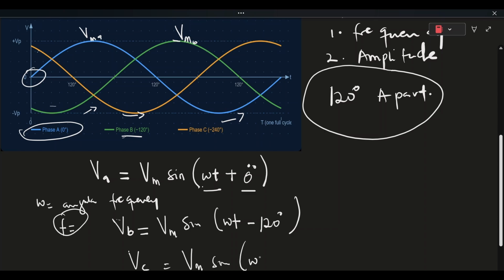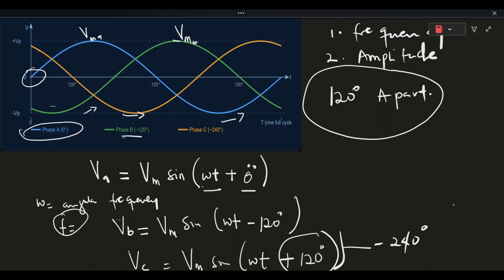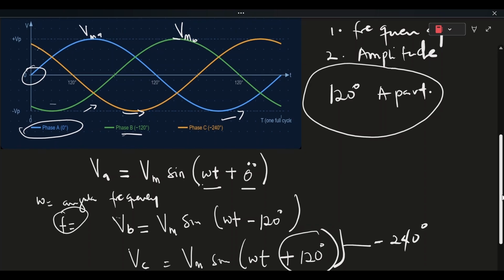Then the last one, VC, equals Vm sine of omega t plus 120 degrees. Remember, mathematically, plus 120 degrees is the same as minus 240 degrees when you check on the circle.